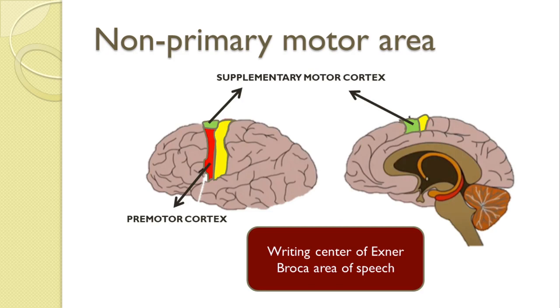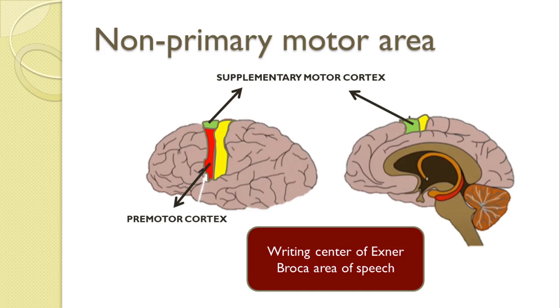Although the functions of these areas are not well understood, it is thought that the supplementary motor cortex may be involved with the execution of sequence of movements, the attainment of motor skills, and the selection of movements based on incoming sensory information. The premotor cortex contributes about 30% of the neurons that enter the corticospinal tract, but it seems to be more active during the planning of motor movements rather than its execution.